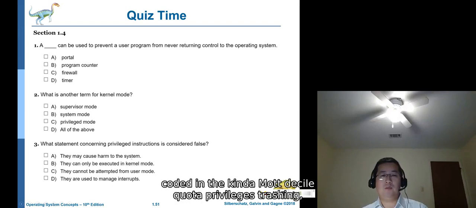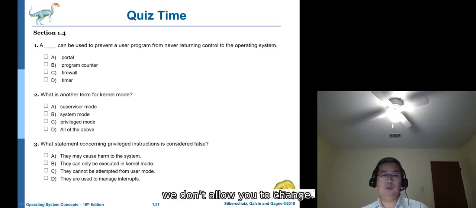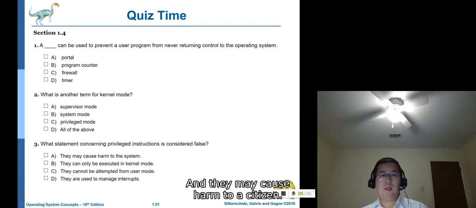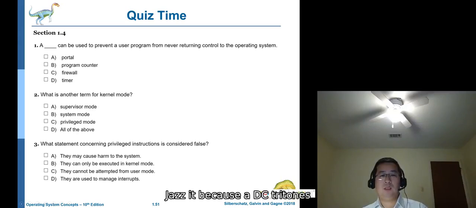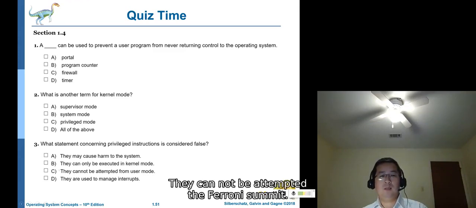That's what is called a privileged instruction. We don't allow the user to change them. They may cause harm to the system, just because these instructions may cause harm, so we give them more privilege. So A, B, D are correct, and C is wrong. They cannot be attempted from user mode?